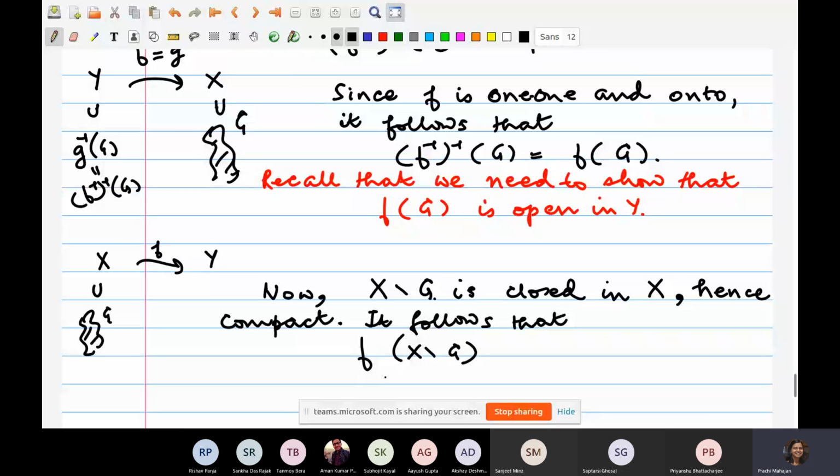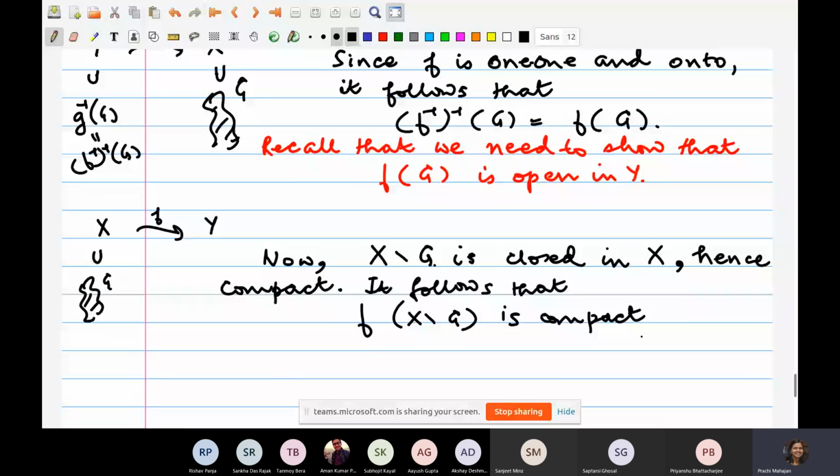Now this is going to be compact in Y, right? Why? Because f is continuous and the complement of G is compact, and a continuous function always takes compact sets to compact sets. Is that okay? Is everybody with me up till this point?